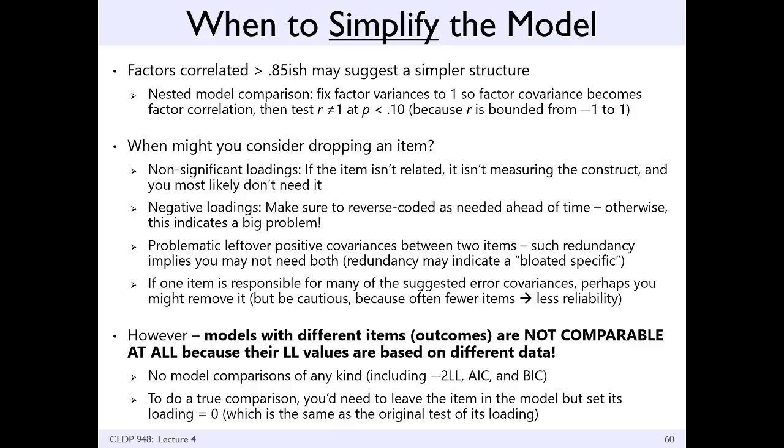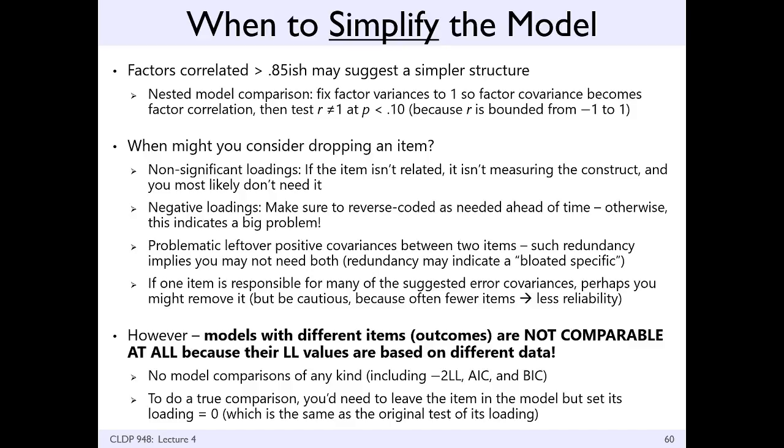Now, one thing down here, this is a homework question. This is something I see people screw up in publications and otherwise. Don't do this. Are you all listening? Do you wake up? Okay. If you take out items, you cannot compare model fit with anything based on likelihood. It's not comparable. It's not just not nested, it's flat out not comparable.